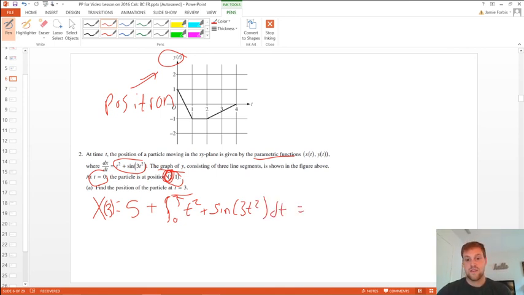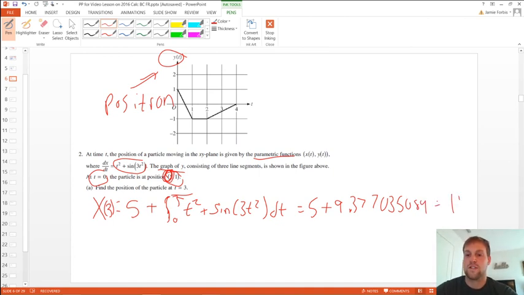If you do this out in the calculator, you get 5 plus 9.3770358089, or simply 14.377. So we started off with the initial x value and added the accumulation of distance of x.